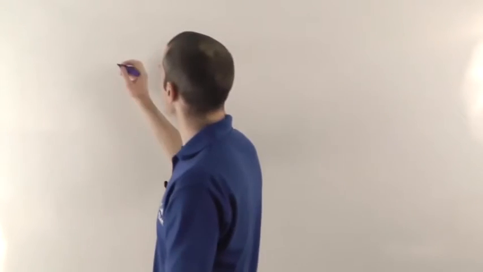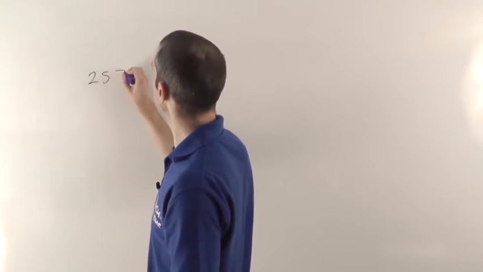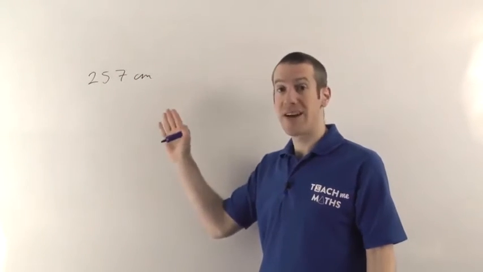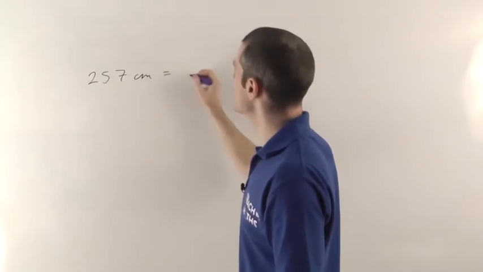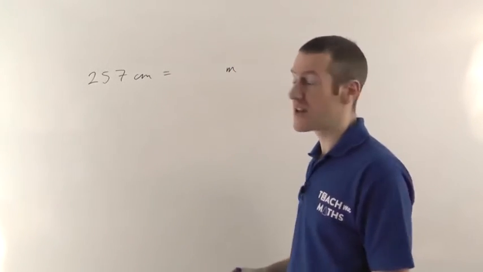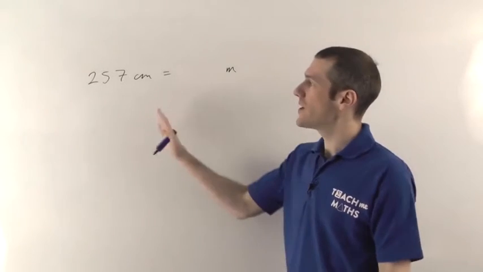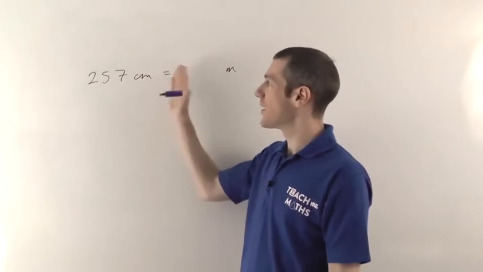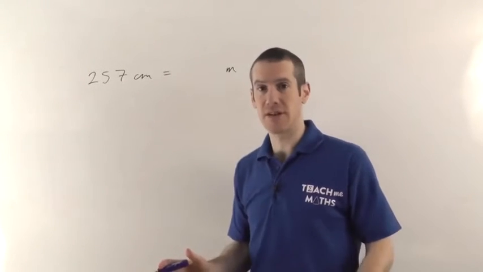So if we start with, let's have 257 centimeters, and imagine you wanted to convert that into meters. So it's going to be equal to so many meters, and we need to try and figure out how much that's going to be. Now the way you convert anything from one unit into another is you either multiply or divide by the conversion factor.